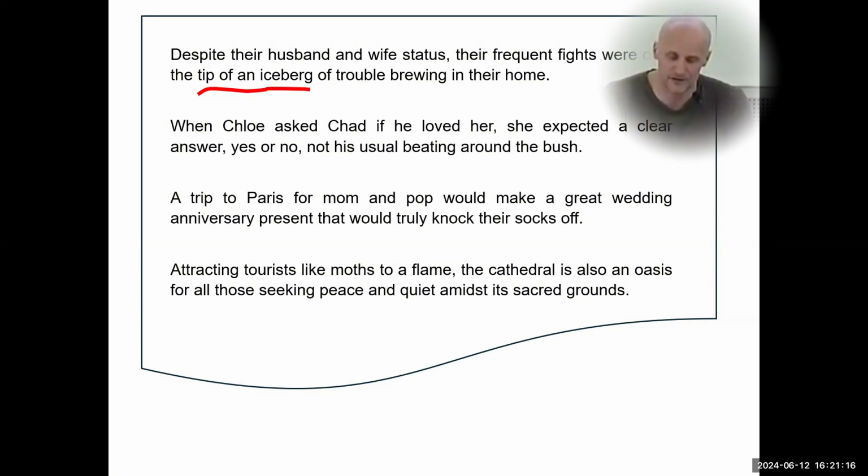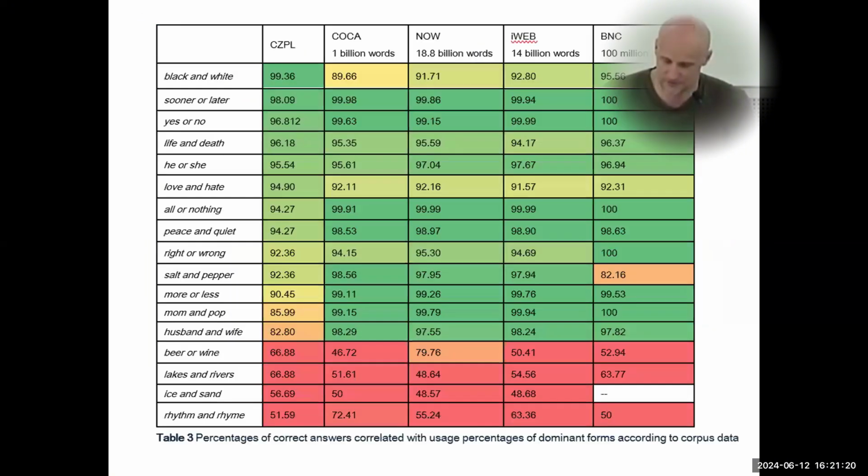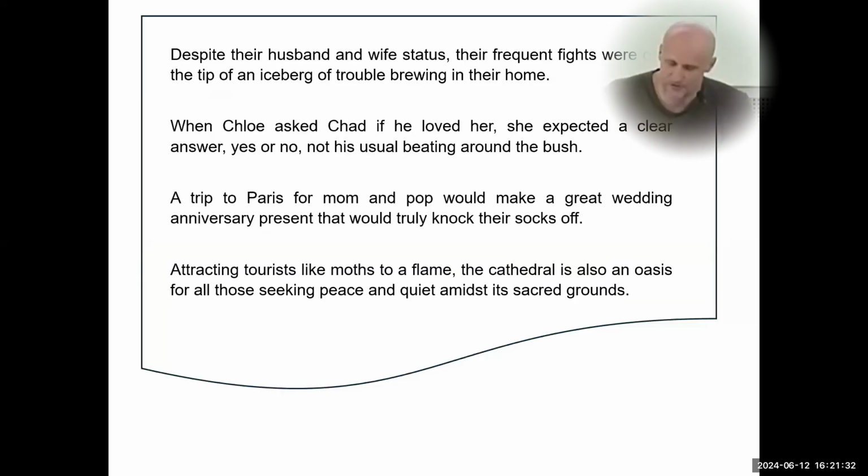the percentages that you see here in the first column show that they match very closely the percentages of usage by native speakers, okay? But the results of the second part of the experiment show that they're pretty much blind to these expressions when they're used in the text, in the input, okay?